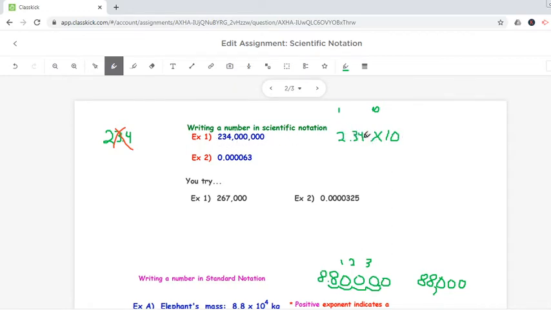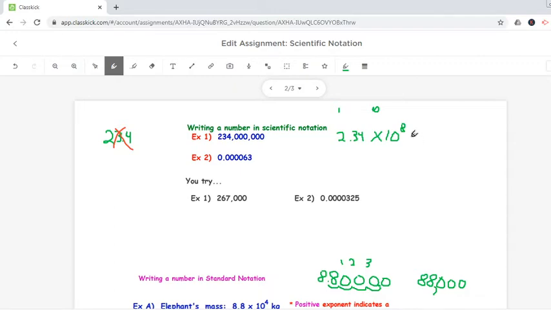So to make this 2.34 bigger, we have to have a positive exponent to make this big. So let's see, we have 2.34. So how many zeros do we need to add? Okay, so we're going to have to add this. So that's 2. So 1, 2, 3, 4, 5, 6, 7, 8, times 10 to the 8th.